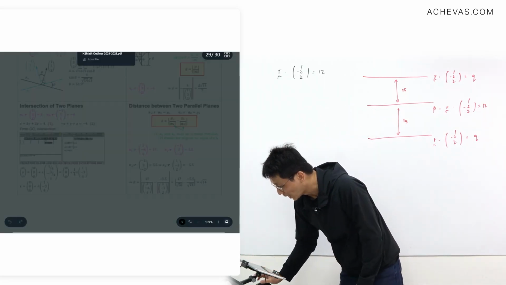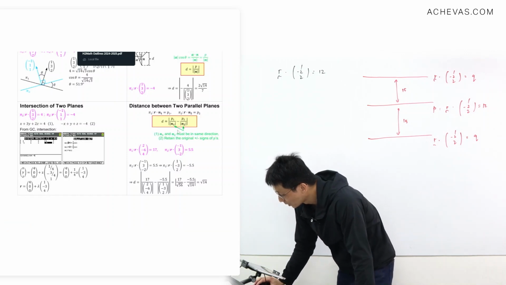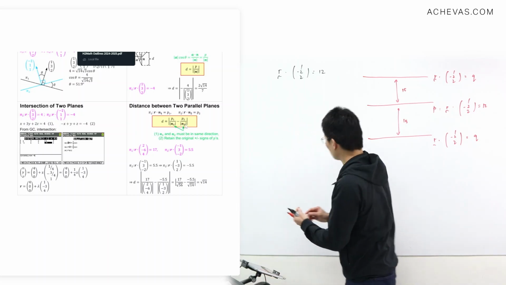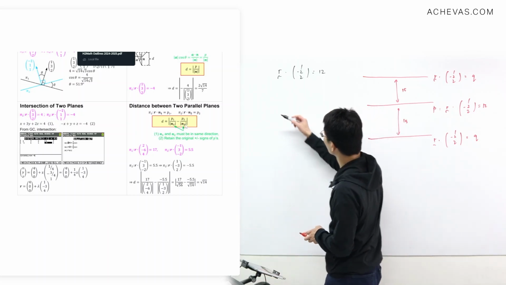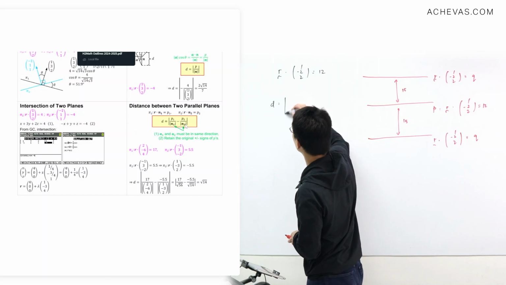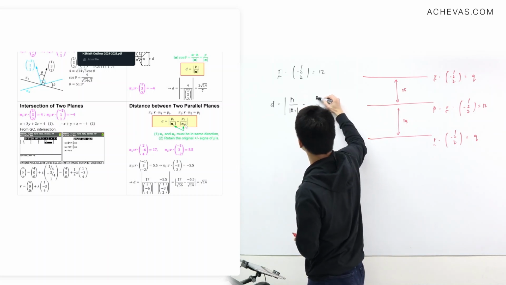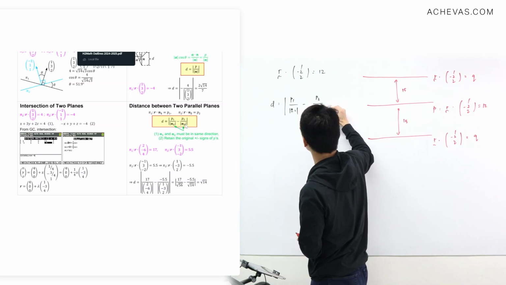The distance D is equal to modulus of P1 over modulus of N1 minus P2 over modulus of N2, and N1 and N2 must be pointing in the same direction.